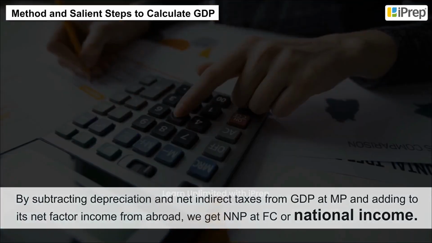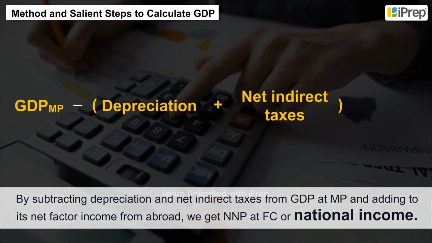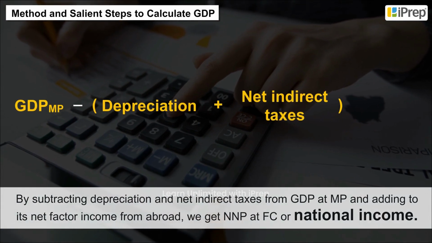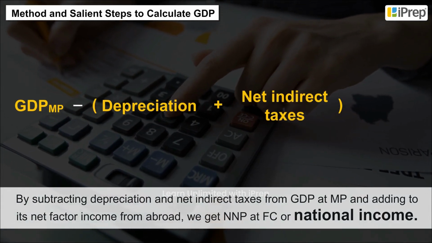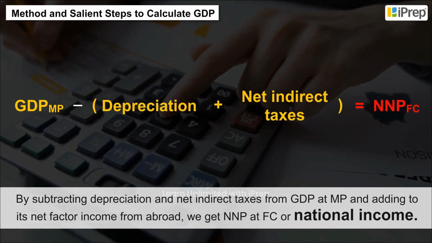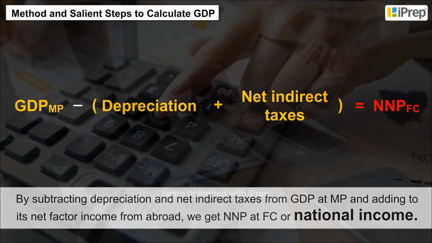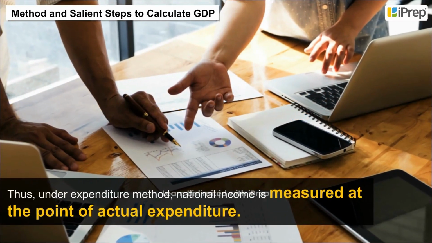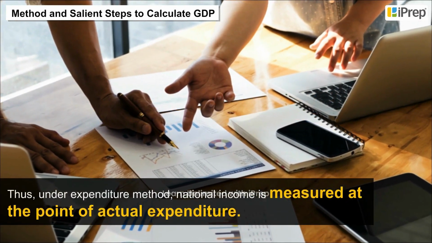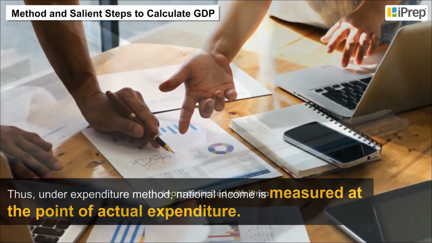By subtracting depreciation and net indirect taxes from GDP at MP and adding to it net factor income from abroad, we get NNP at FC or national income. Thus, under expenditure method, national income is measured at the point of actual expenditure.